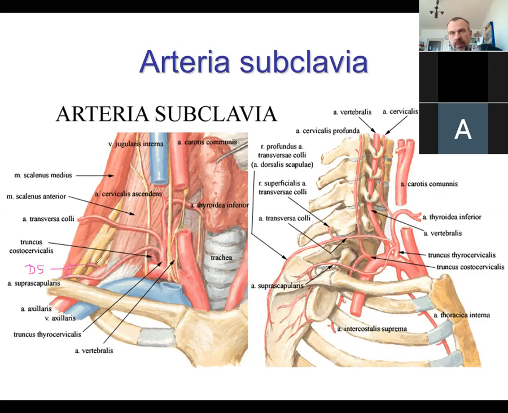Yeah, so it can be either a branch from the transverse cervical, as it's here, or it can be here a branch from the extrascalenic part. It depends. Okay, so that's all for today.